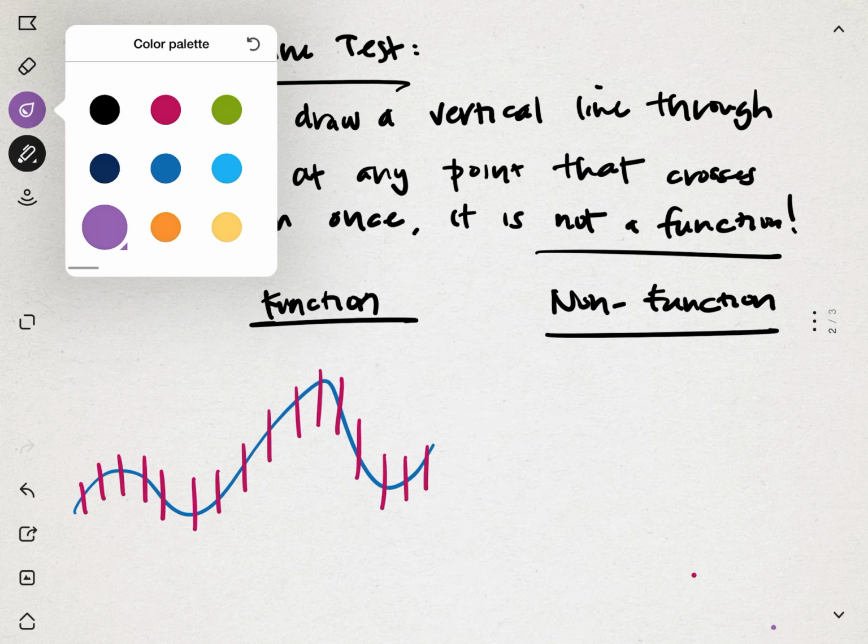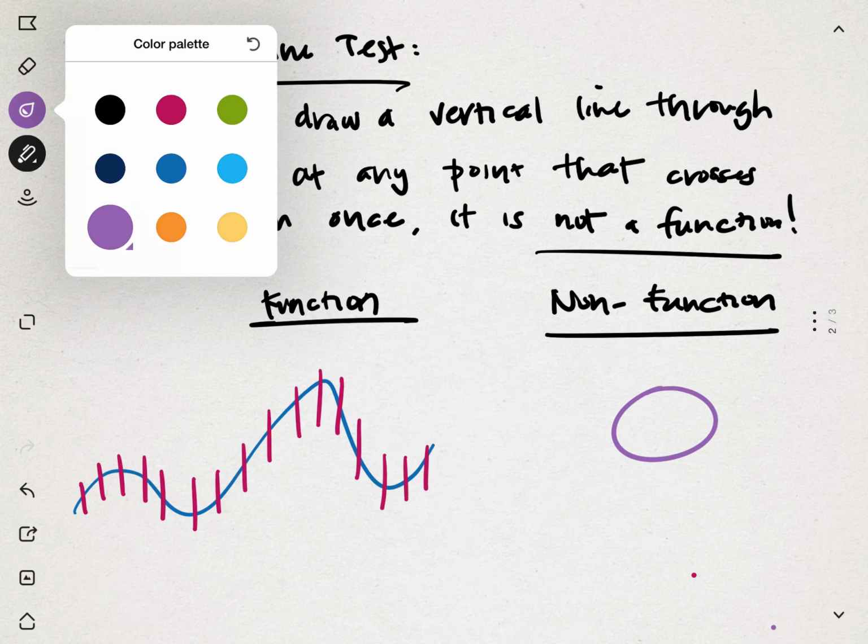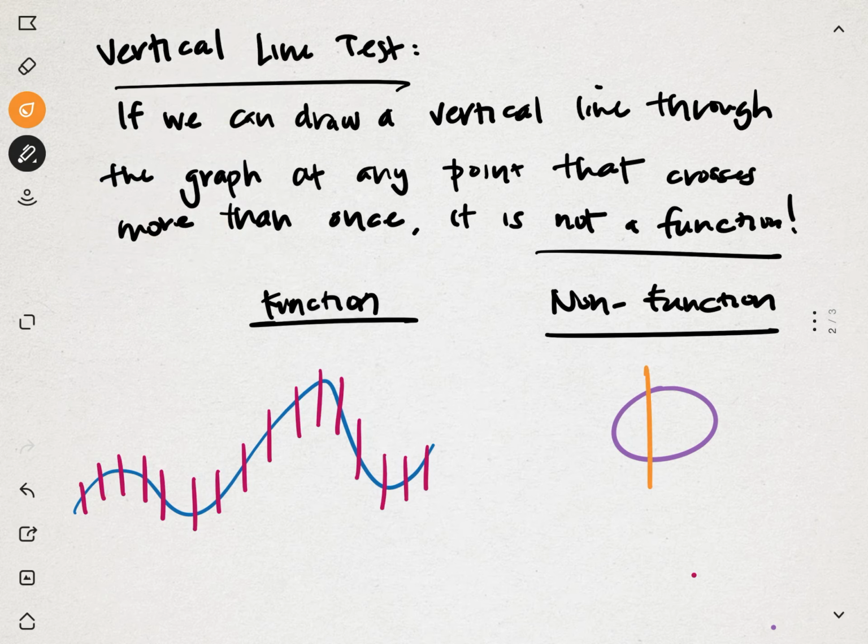However, if I want to draw a non-function, I just make sure that it overlaps at least once. A circle would be a super easy one, because at multiple points on this graph, we can draw a vertical line that passes through it more than once. Okay, so pretty straightforward.